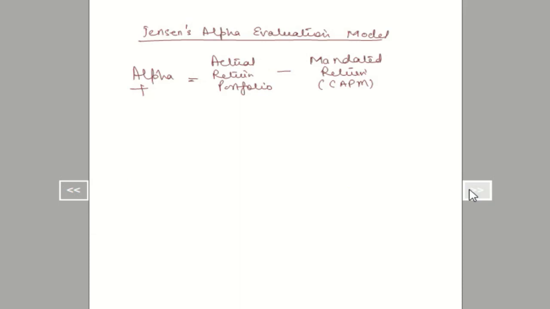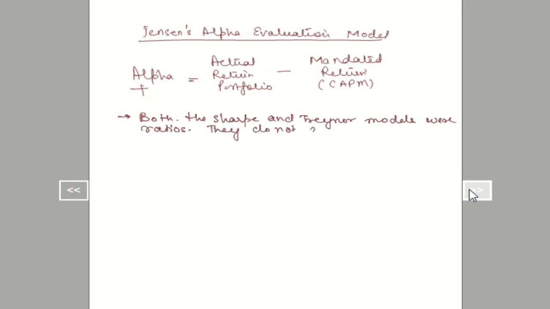Please write down: both the Sharpe and Treynor models were ratios. They do not give us any indication of the excess return earned by the portfolio.